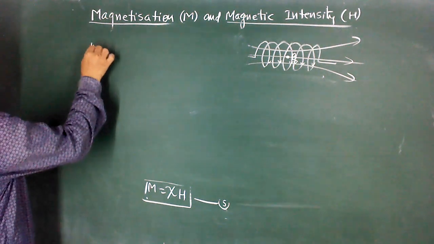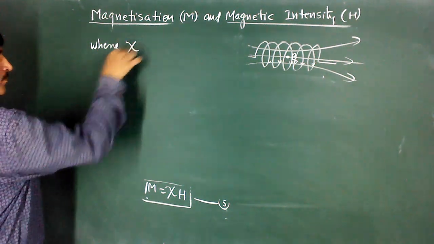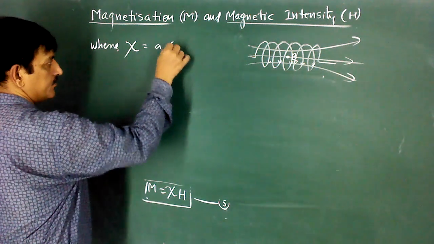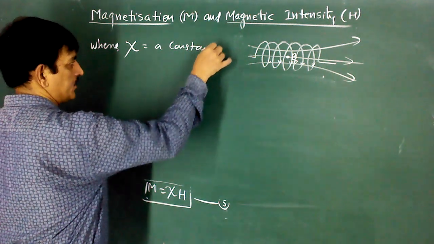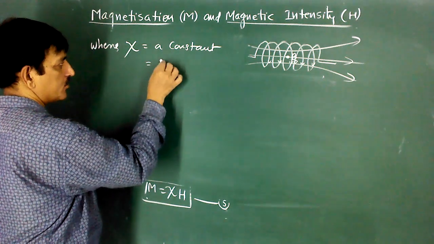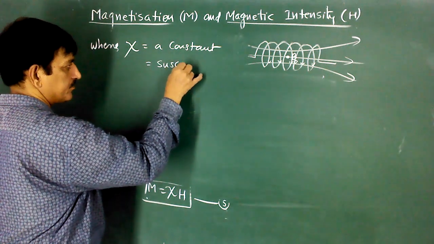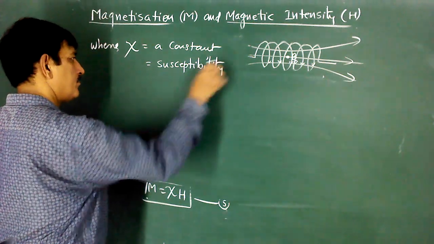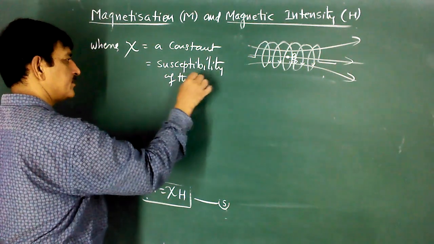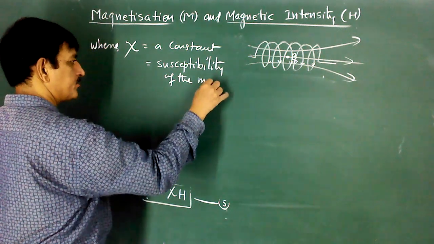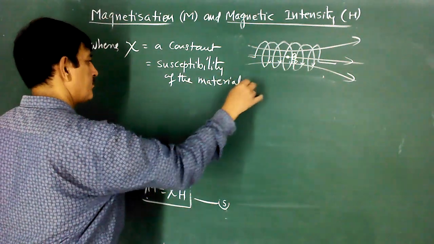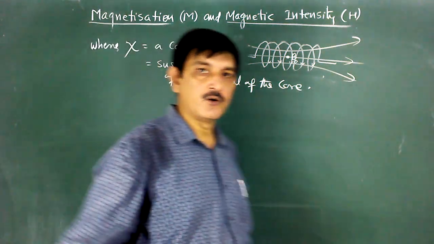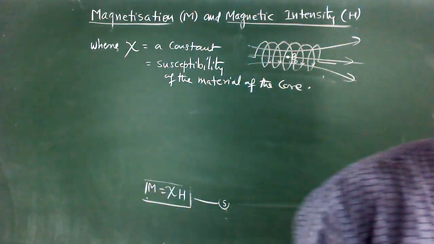Where xi is a constant, and this is called susceptibility of the material of the core. And what is susceptibility?